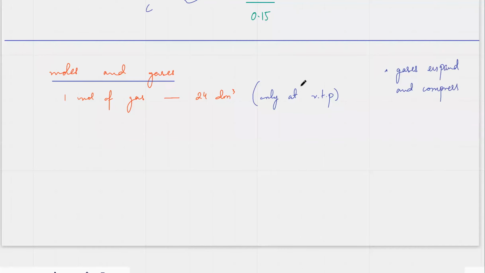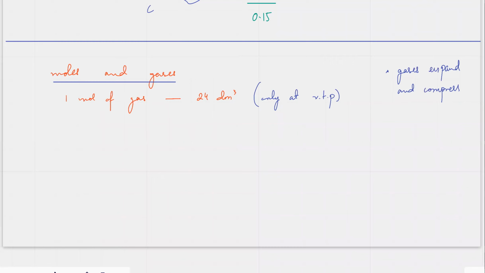Gases not being at RTP was not a part of your syllabus. So by default, you have a habit of thinking that 1 mole of gas occupies 24 dm cube. Now you have to change that habit. You have to read the question carefully, keep your eyes open, and see, is it at RTP or not? Only then can you use this.